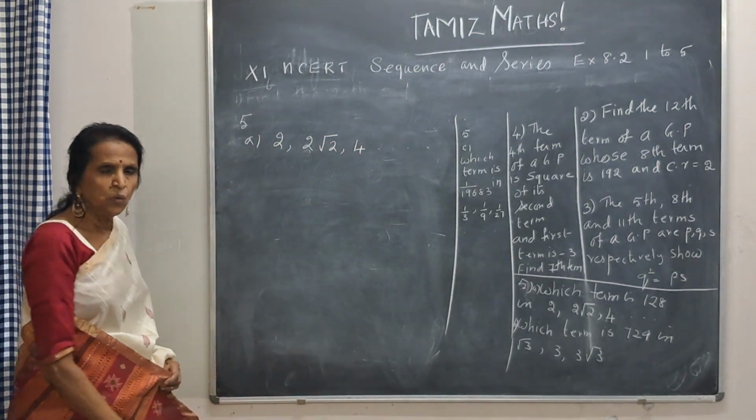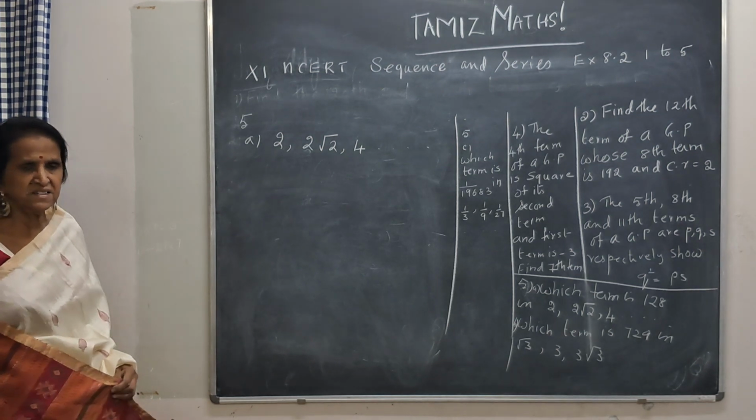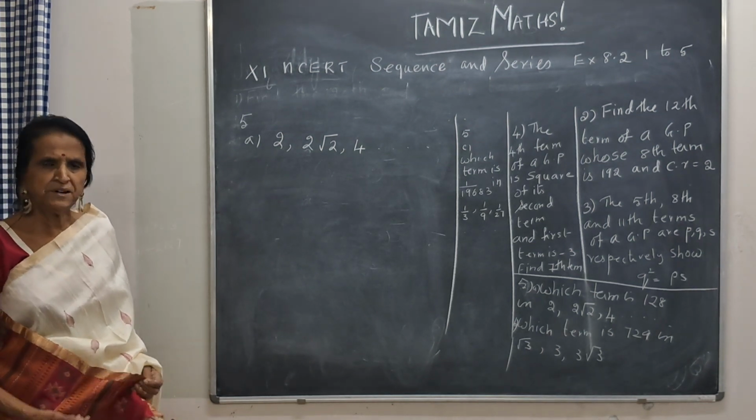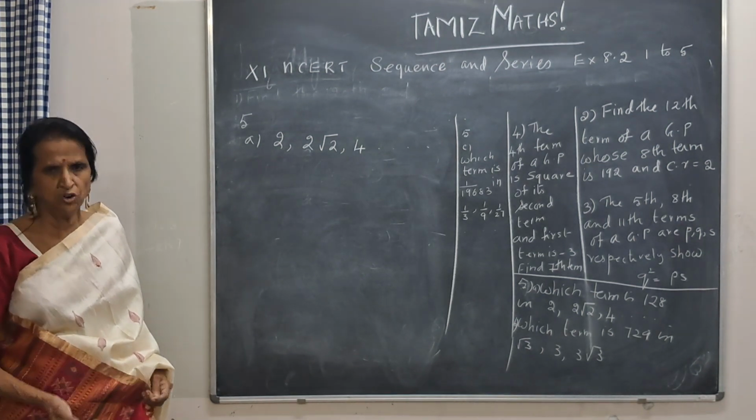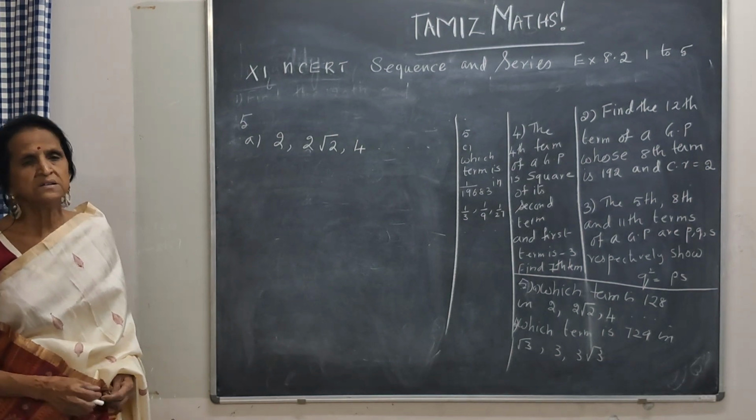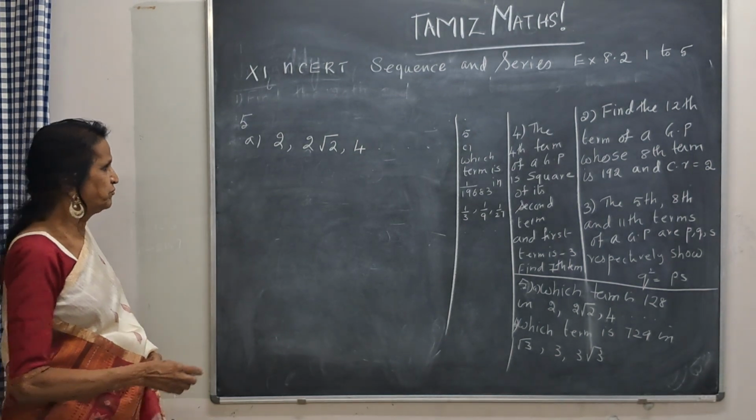Which term in this series is 128? That means you have to tell if it's the fifth term, the fourth term, or the seventh term. Something like that should be your answer.